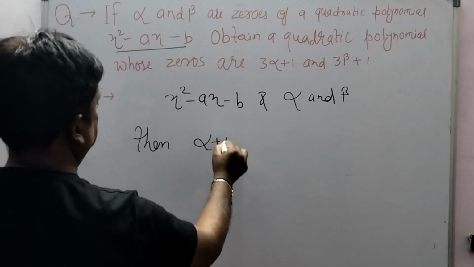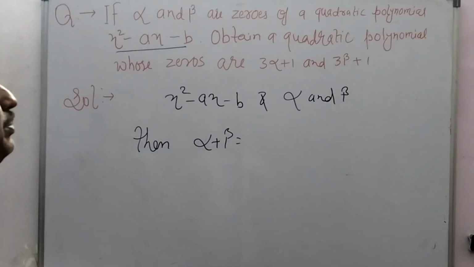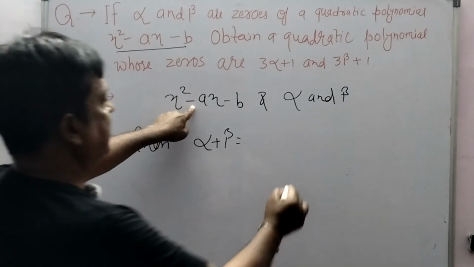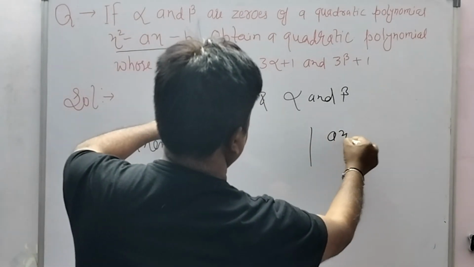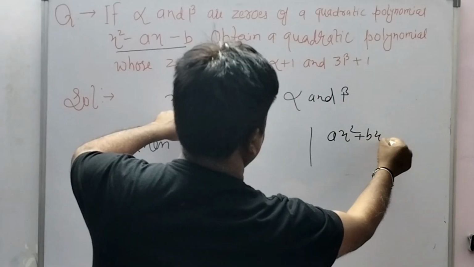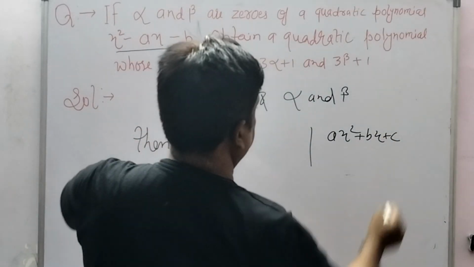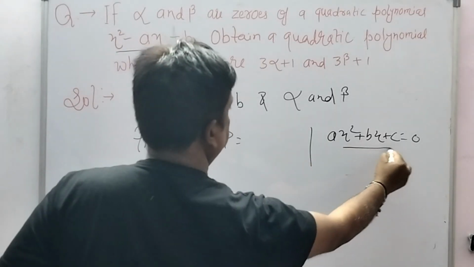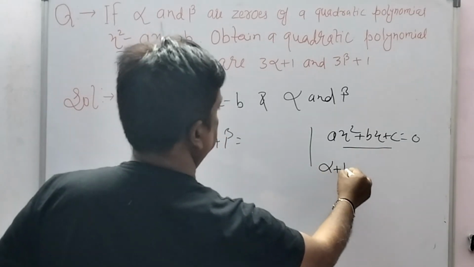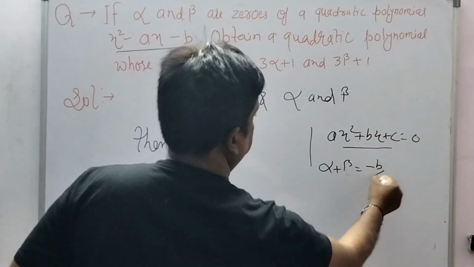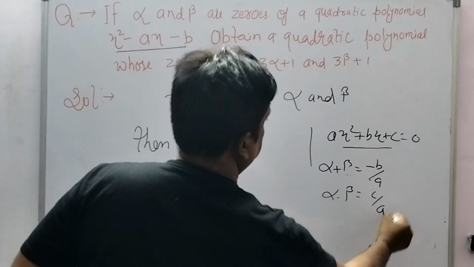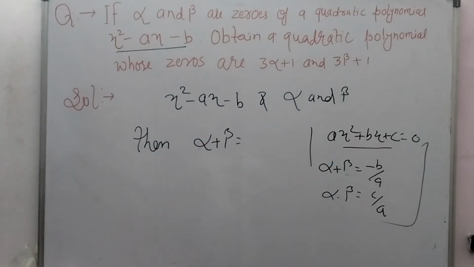For the equation ax square plus bx plus c equal to 0, if alpha and beta are roots, then alpha plus beta is minus b by a and alpha into beta is c by a. We should utilize this formula.